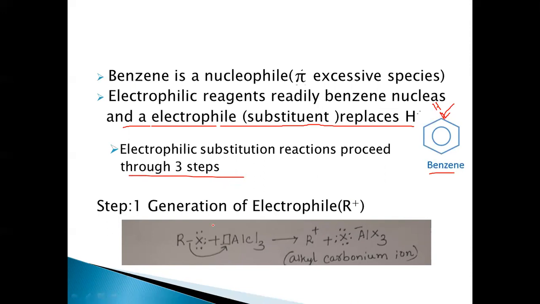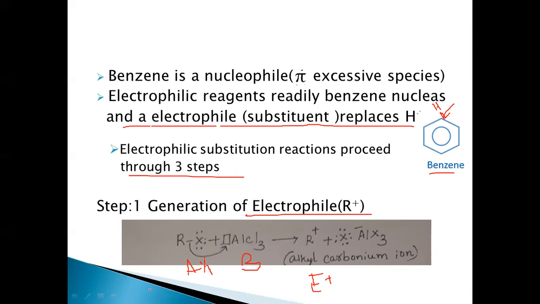The first step is the generation of the electrophile. The electrophile is generated by the reaction of the alkyl halide with a base like aluminum chloride AlCl3, resulting in the formation of an electrophile, that is alkyl carbonium ion, R plus, and AlX4 minus.